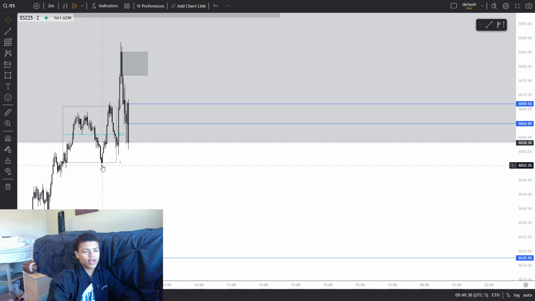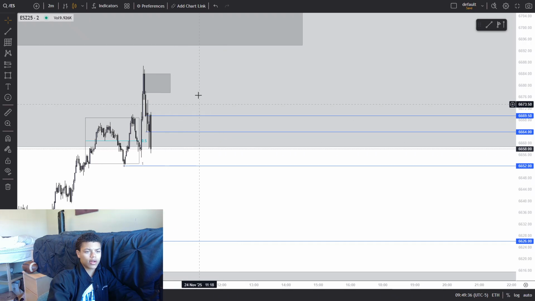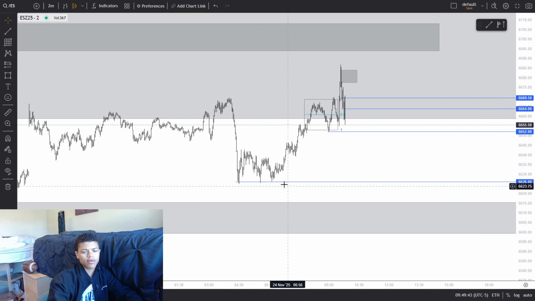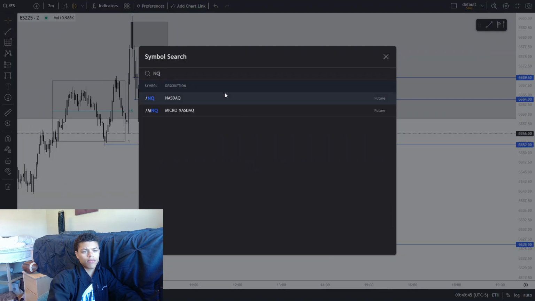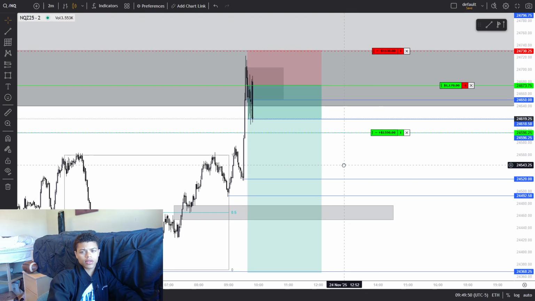I think ES is going to want to take out this draw before we come higher. I feel like we're going to want to come higher to this here on ES before we push lower to these draws down here. If we do happen to do that, that would be cool.